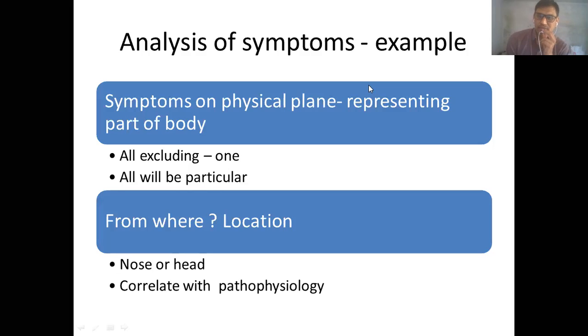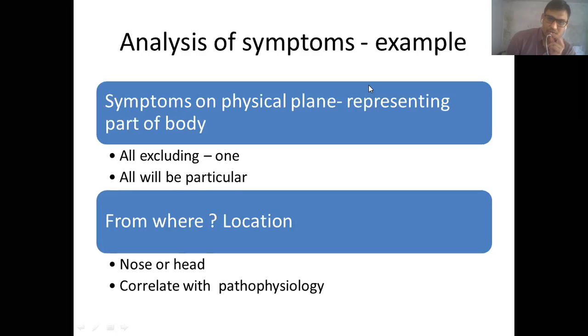And we have reached the point of location, and we were discussing what the location of this case is, whether the location of this case is nose or head, or is there something else.